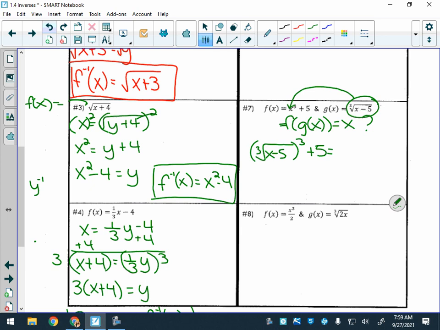What happens there? Okay. It cancels. Cubing a cube root cancels it, so I have x minus 5 plus 5. What do I end up with? Yeah. X. So these are inverses.